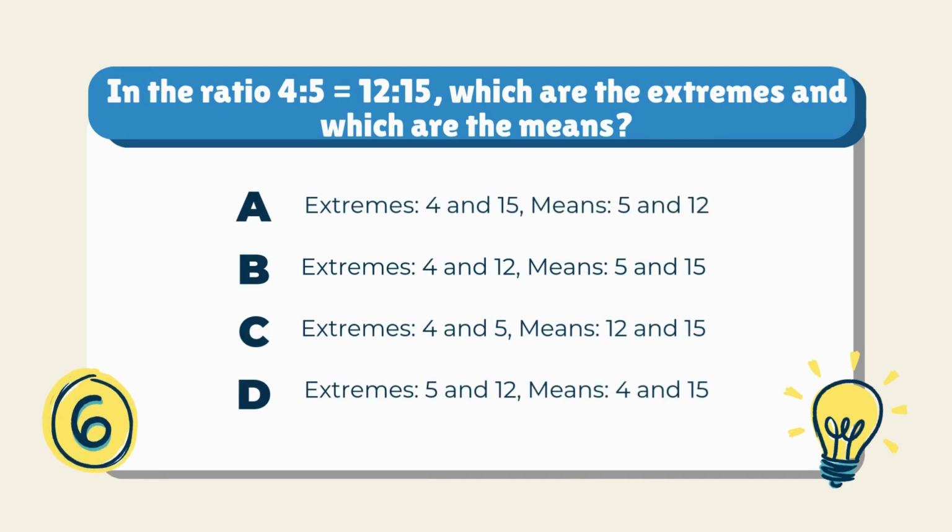Question number 6. In the ratio 4:5 is equals to 12:15, what are the extremes and which are the means? A. Extremes 4 and 15 means 5 and 12. B. Extremes 4 and 12 means 5 and 15. C. Extremes 4 and 5 means 12 and 15.